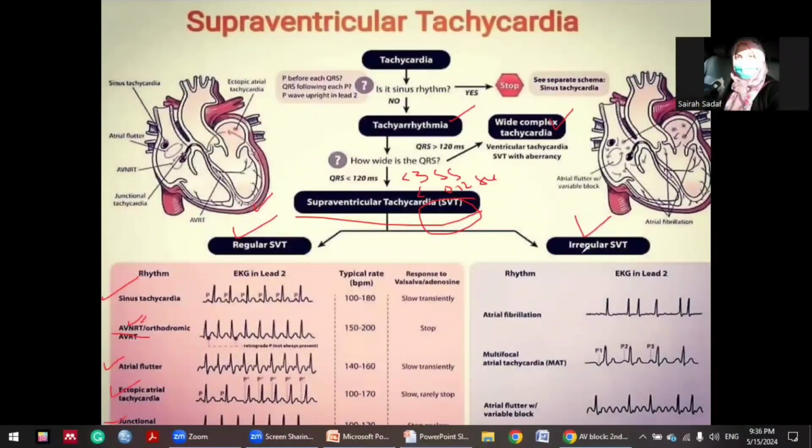Coming to irregular SVTs, we have atrial fibrillation, multifocal atrial tachycardia, also known as MAT. Atrial flutter may have an irregular rhythm when it is associated with various kinds of blocks. But usually when it is not associated with any block, atrial flutter comes under regular SVTs.